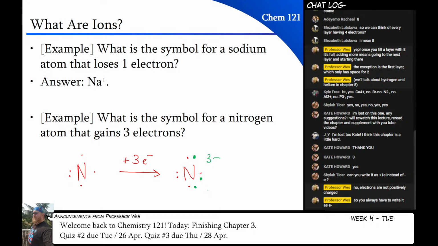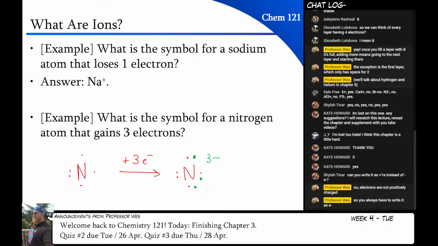Now to clarify the comment that somebody had, can you write it as plus e instead of minus e? And the answer is no, because electrons are always negatively charged. The positive thing is the proton. We're not removing protons, though, because they're stuck in the nucleus, so we can't reach them. We're only changing valence electrons. So you have to write it in terms of e minus, because electrons are negative.